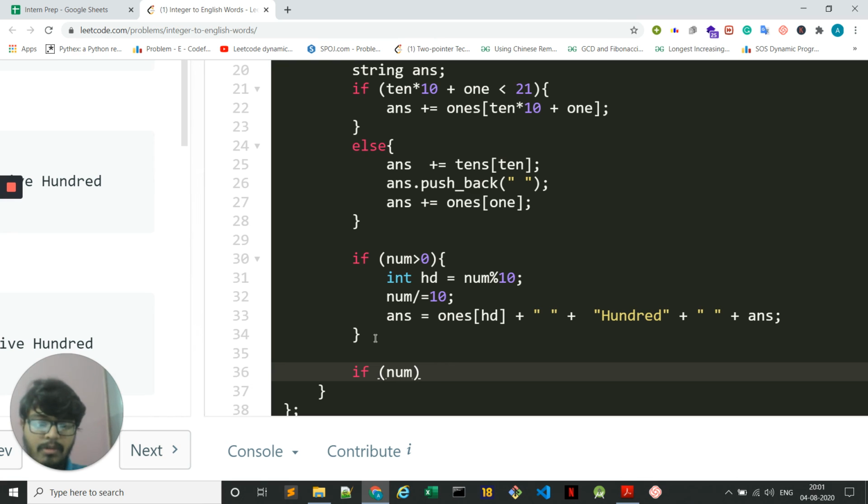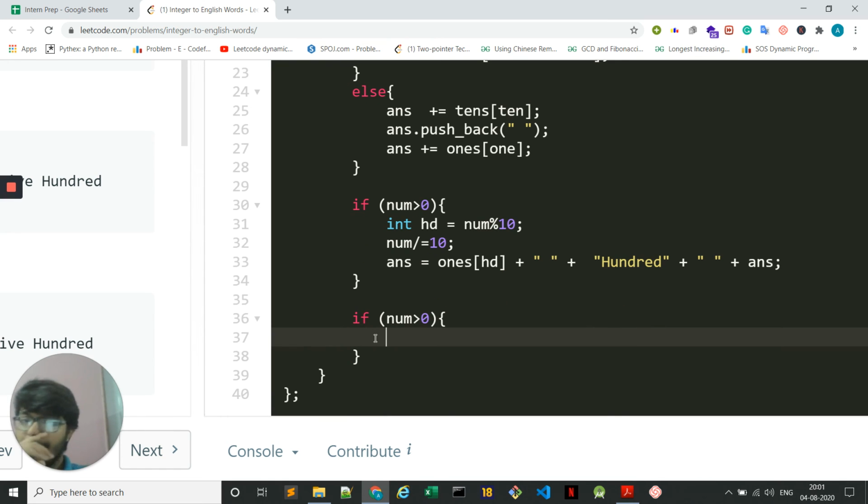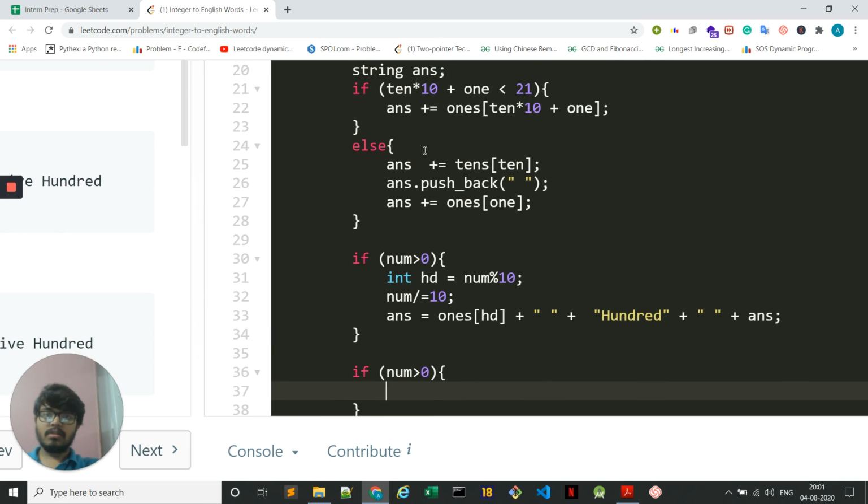Now if the number is still greater than 0, that means we have the thousands digit as well. In this case, we need to check the two places again, ones and tens.